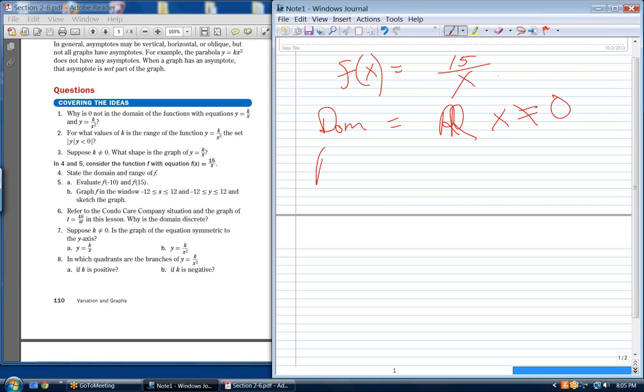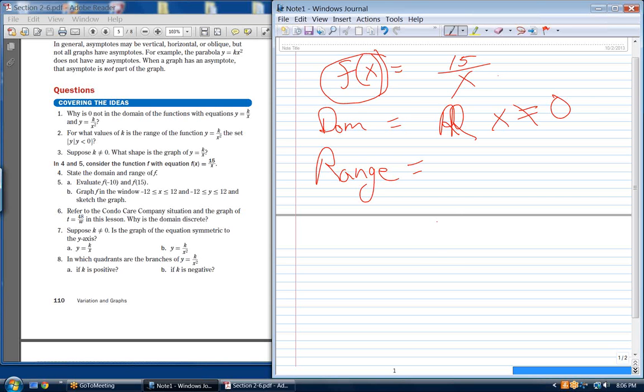But now let's look at range. Range is what f of x can be. Well, the range would be 15, wouldn't it? No. The range is going to be all of the potential values that f of x can attain.